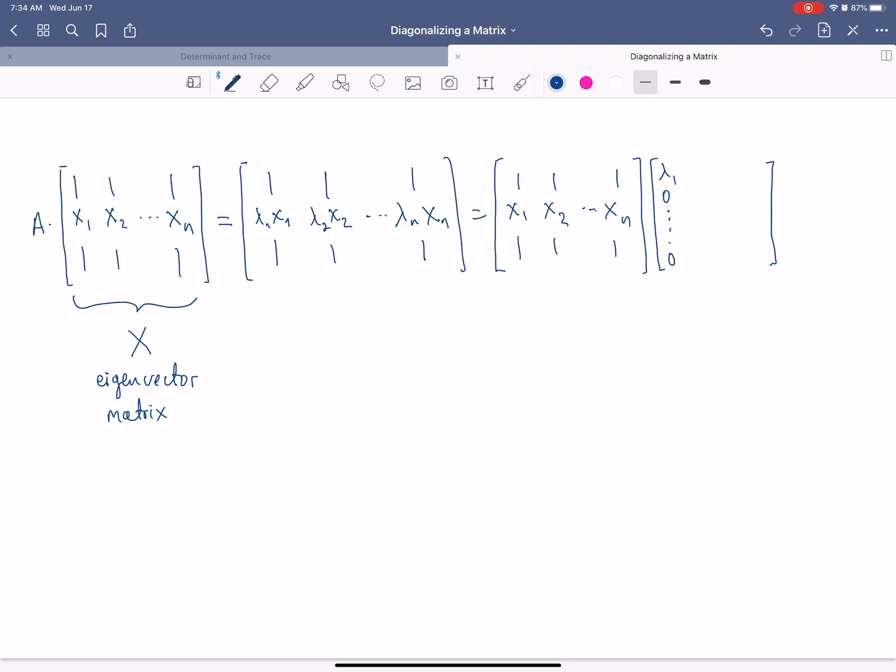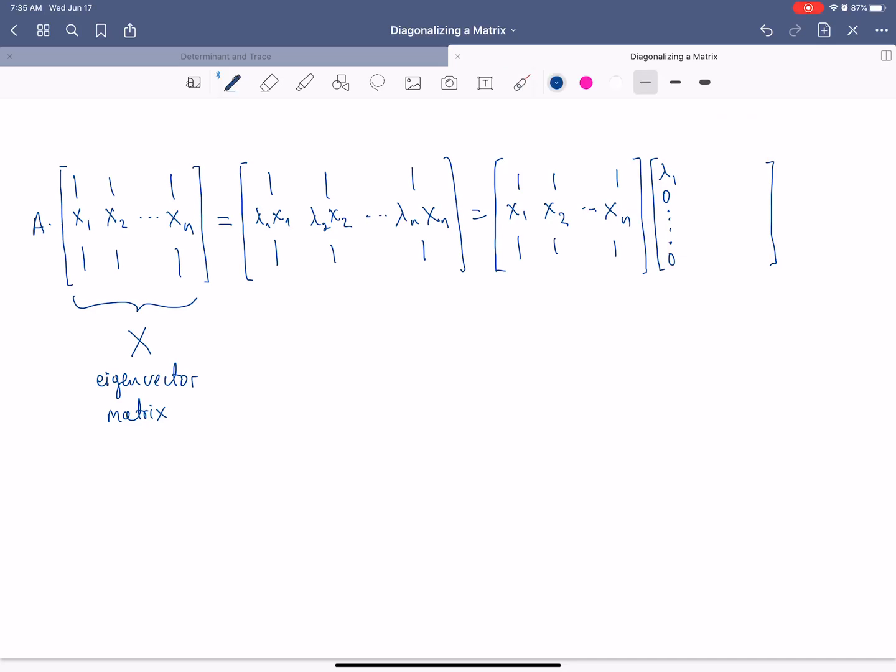Essentially, take the first column of the identity matrix and multiply it by lambda 1. If you apply that operation on this matrix, it will multiply the first column by lambda 1. So essentially do all of this on the identity matrix, taking x1, x2, xn to be the columns of the identity matrix. That's how you will find this matrix.